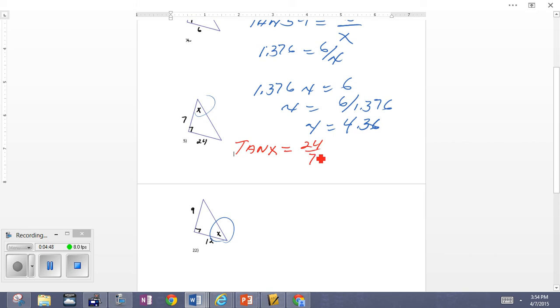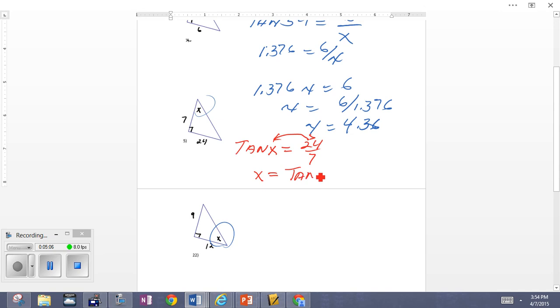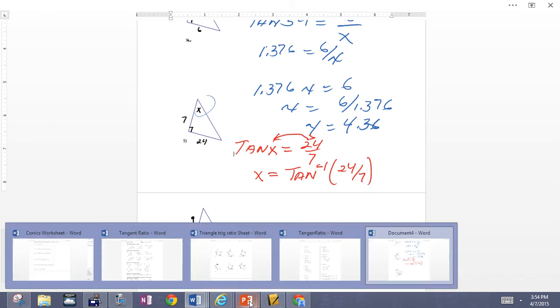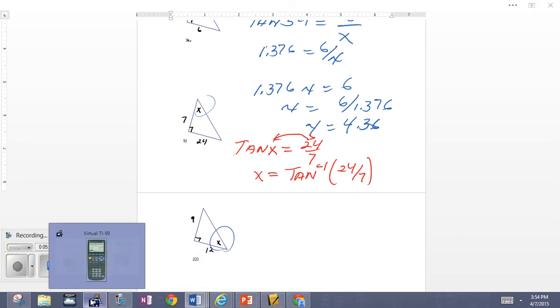But I don't have the angle, I need the angle. That means I can find the angle by switching these positions and taking the inverse tangent. So x is going to be the tangent inverse of 24/7. We'll ask our calculator to do that.